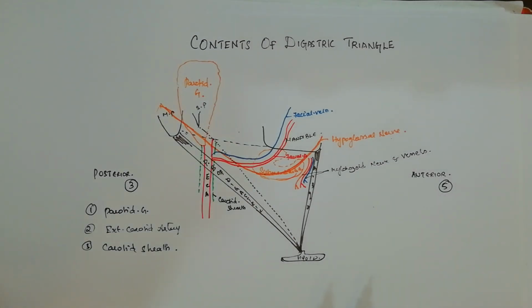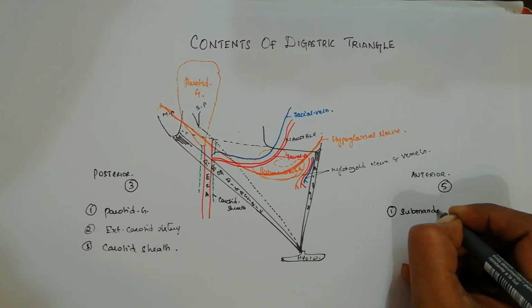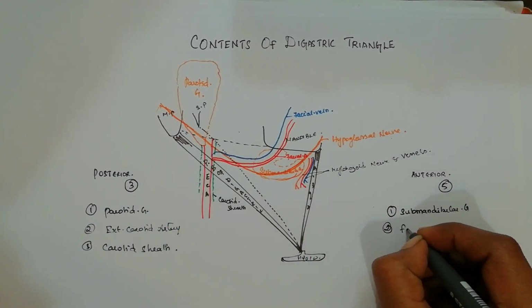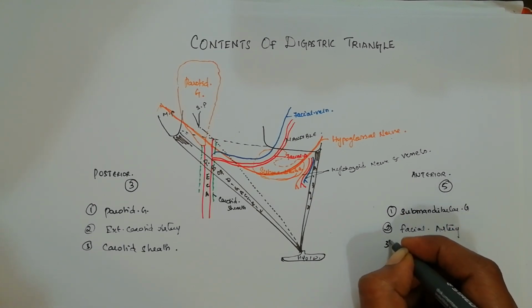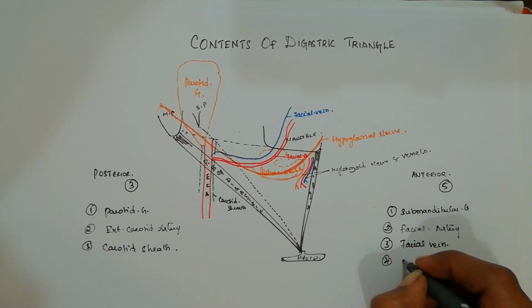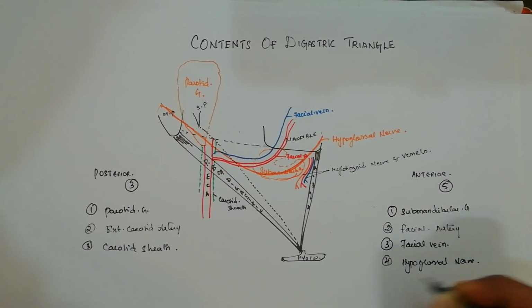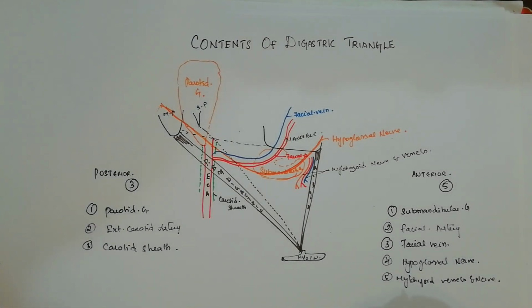So I hope you all understood. We have got 5 structures. One is the submandibular gland, then we have got our facial artery, and then our facial vein, and the nerve we have got is the hypoglossal nerve, which is the 12th cranial nerve, and then we have got the mylohyoid vessels and nerve which are supplying the mylohyoid muscle, which is the floor muscle in the digastric triangle.